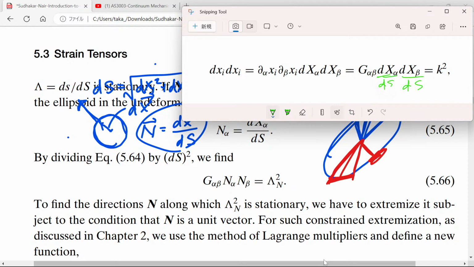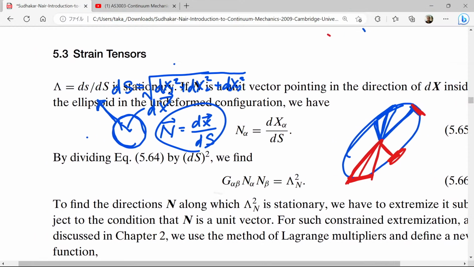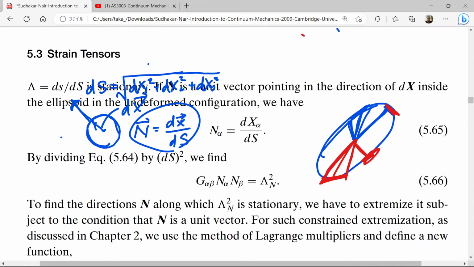Then this one becomes n alpha, this one becomes n beta. So you have this g alpha beta.